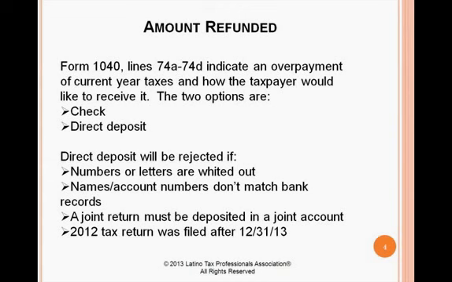If the refund is in the name of both husband and spouse, then normally it must be deposited in a joint account. But again, that's up to the banks, and I have seen all kinds of variations to that. Also, if a 2012 tax return was filed after December 31, 2013, the direct deposit will reject.